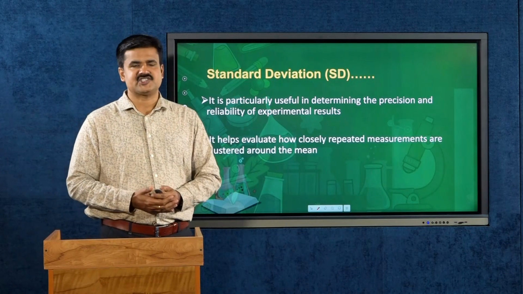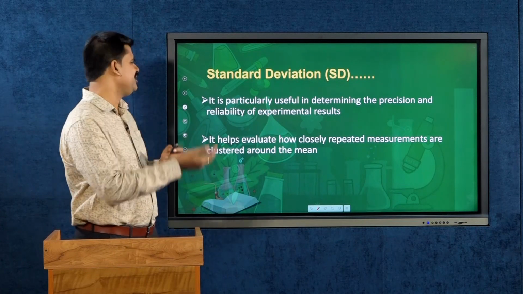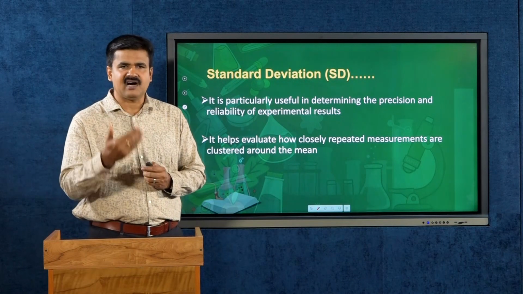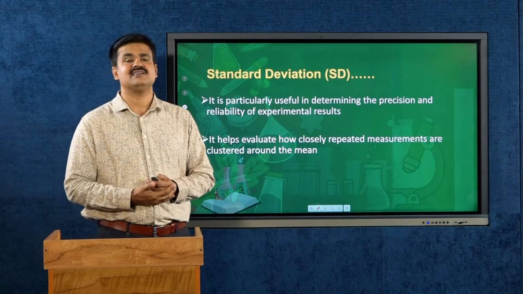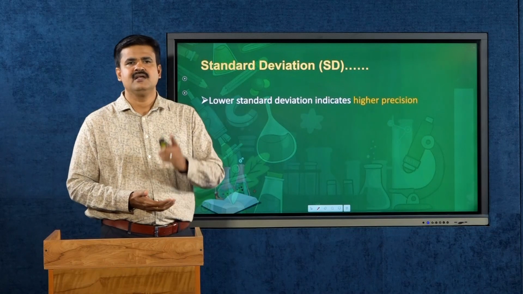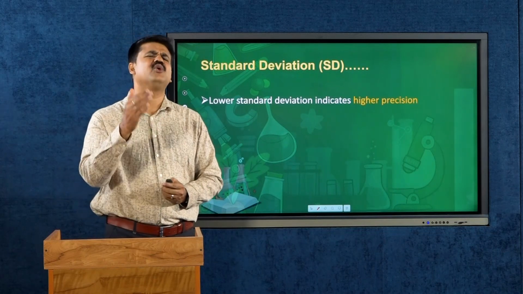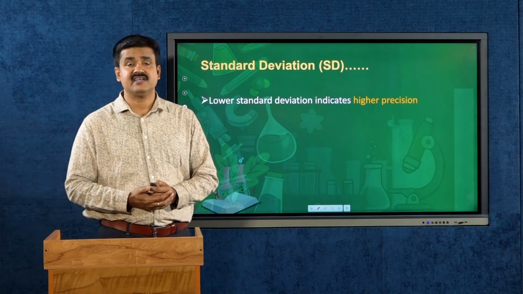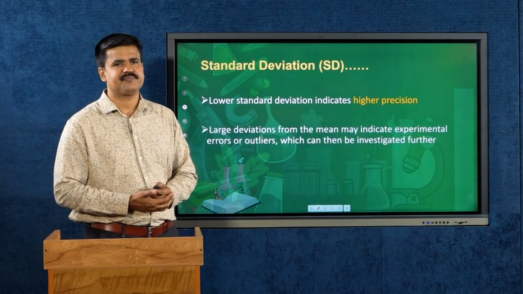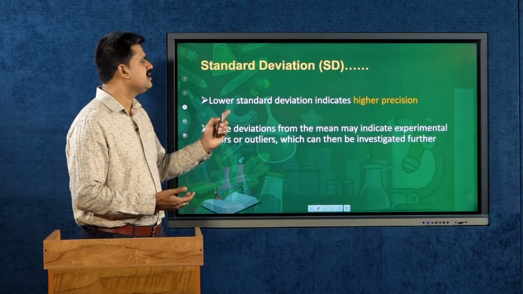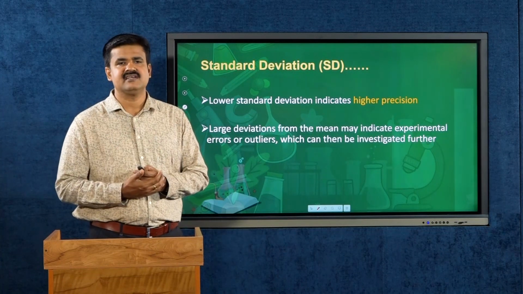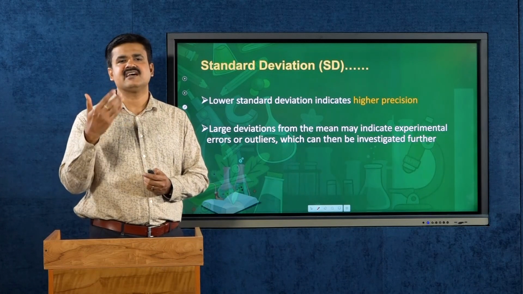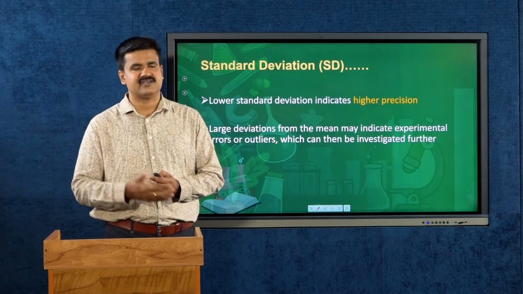This standard deviation helps to evaluate how closely repeated measurements are clustered around the mean. A low value of the standard deviation indicates higher precision in analytical measurements. Large deviation from the mean may indicate experimental errors or the presence of outliers, which can then be investigated further.